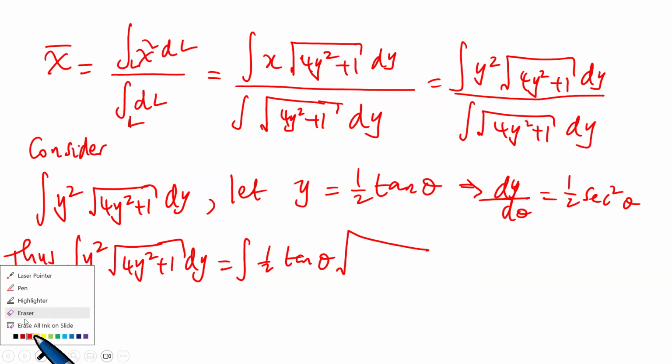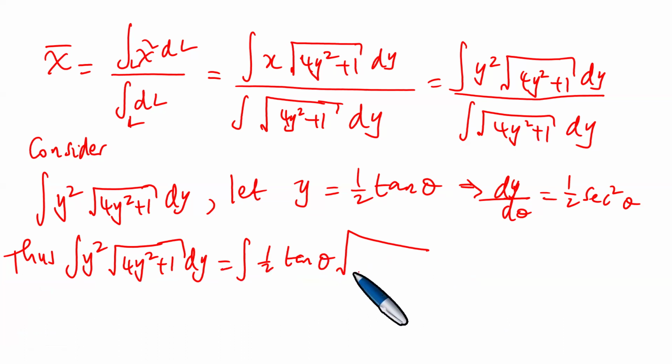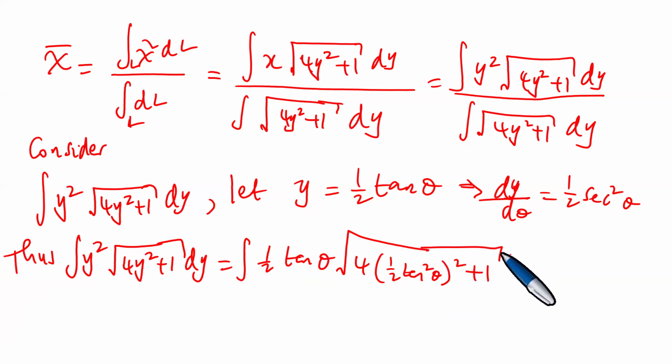Right, so the 4 times 1/2 tan theta squared plus 1, and what is dy, which is sec squared theta d theta, like this. So this is what we are able to achieve. But now, what exactly is the meaning of everything here?